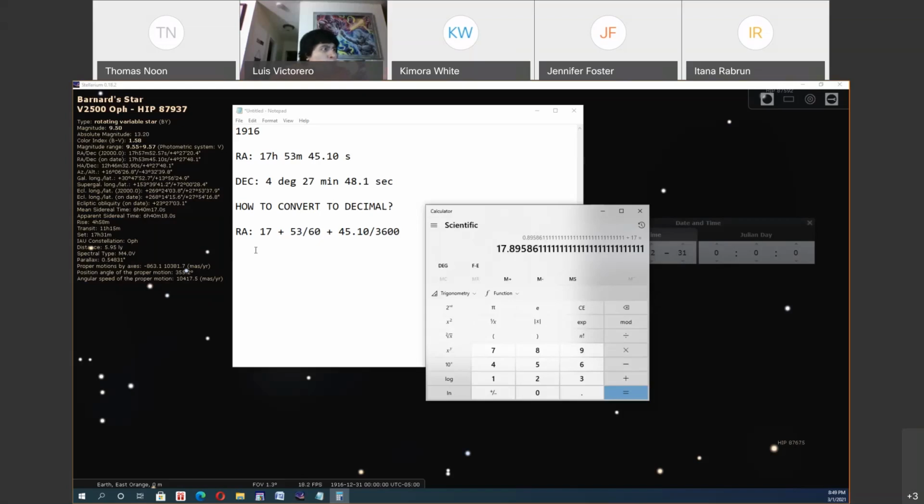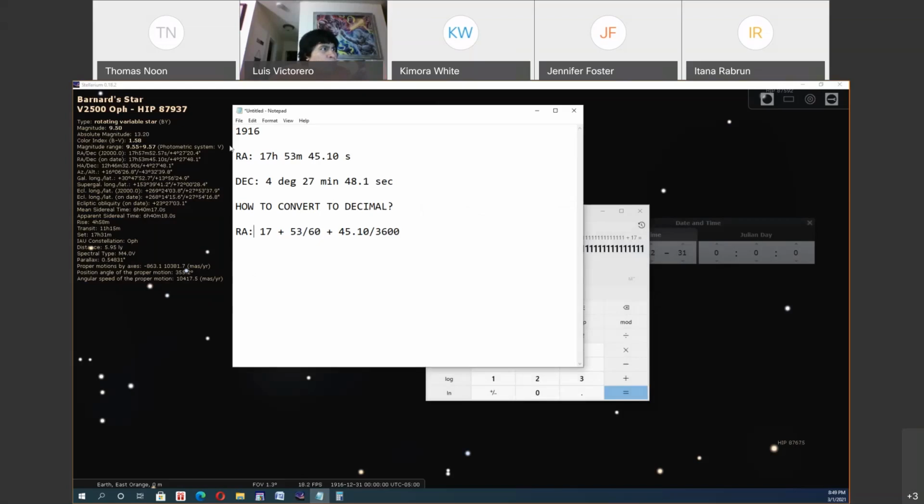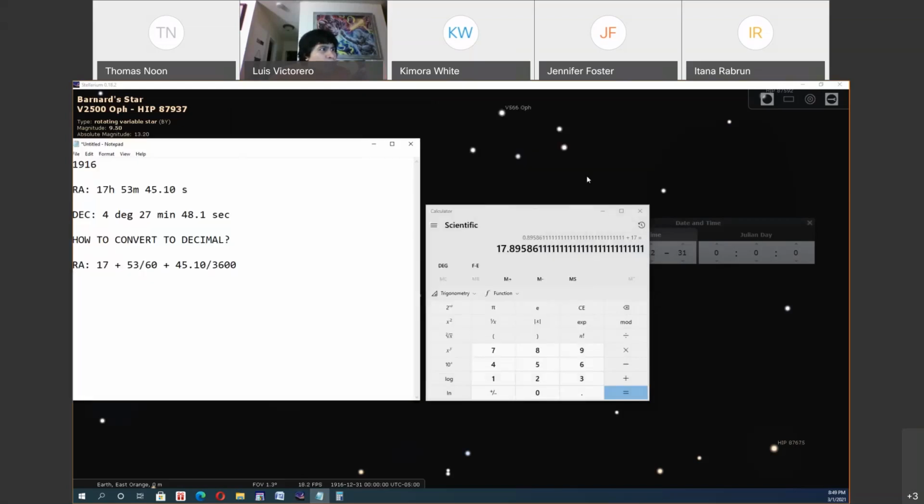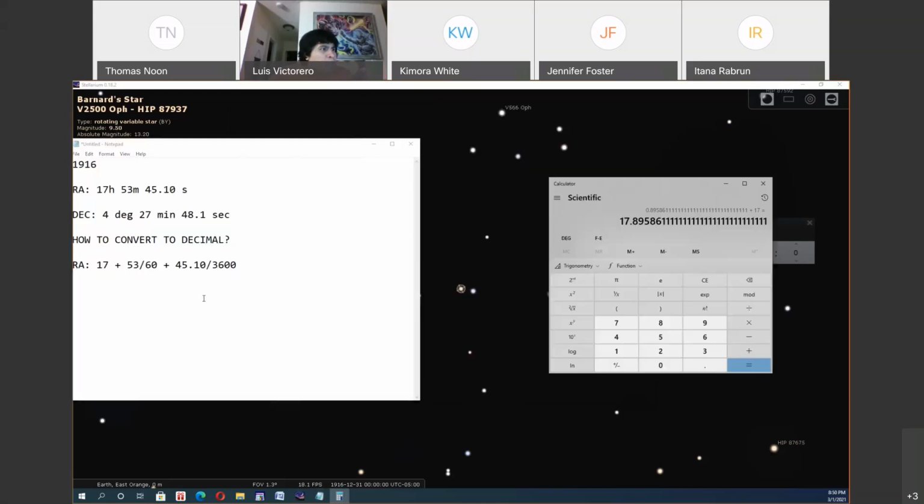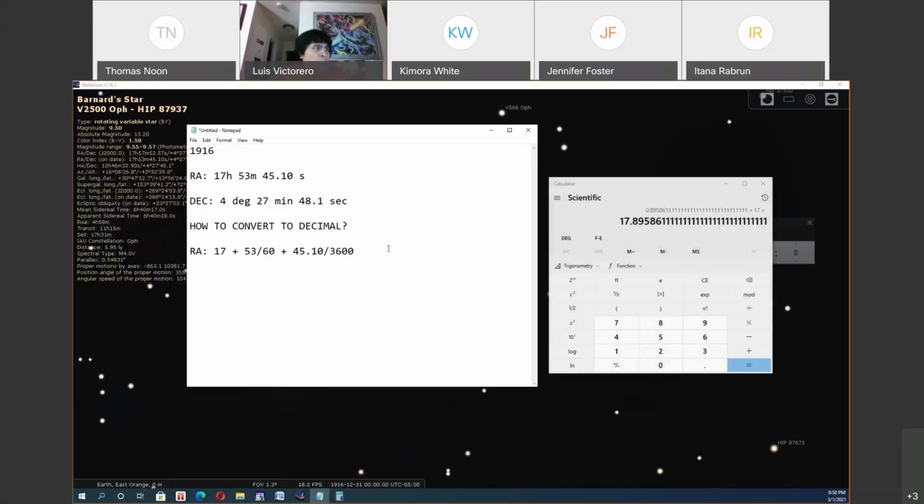So the decimals of the right ascension on this particular date. Now you have the answer for the first conversion, so you can always check if you're doing it correctly. In decimal, it will be 17.896. How about the declination? The declination is the same.